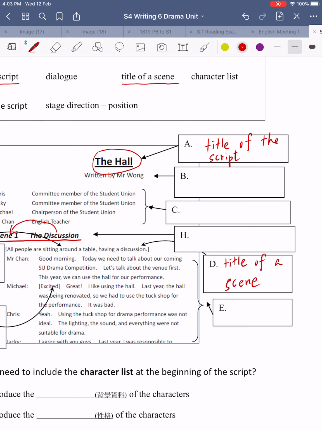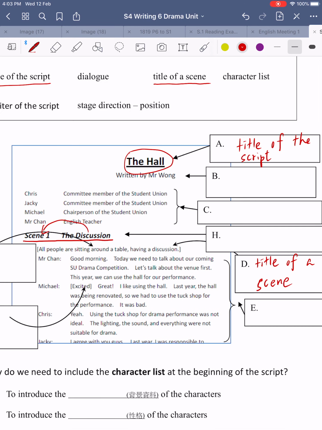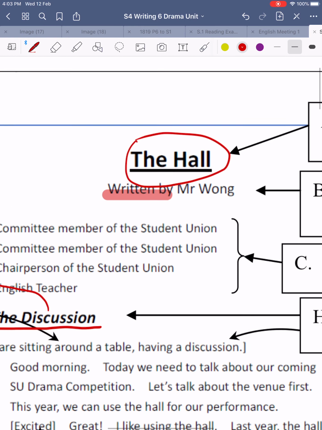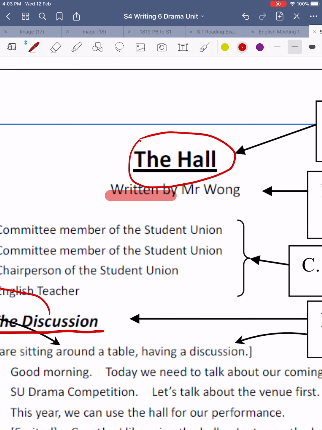Okay, then we go to the second part. As you can see, written by Mr. Wong. Written comes from the word write, W-R-I-T-E. And if we want to say a person who writes, we will say he or she is a writer.